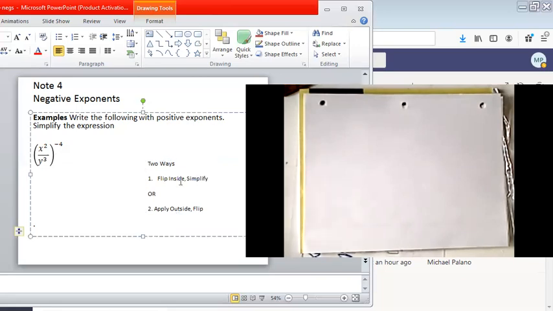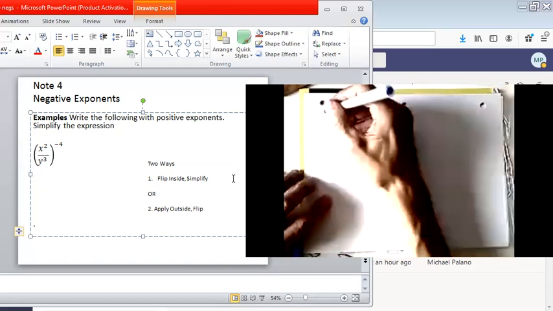So you can flip the inside first and then simplify, or apply the outside and then flip what you get. Okay, so I'll show both ways. The first way is to flip the inside first.